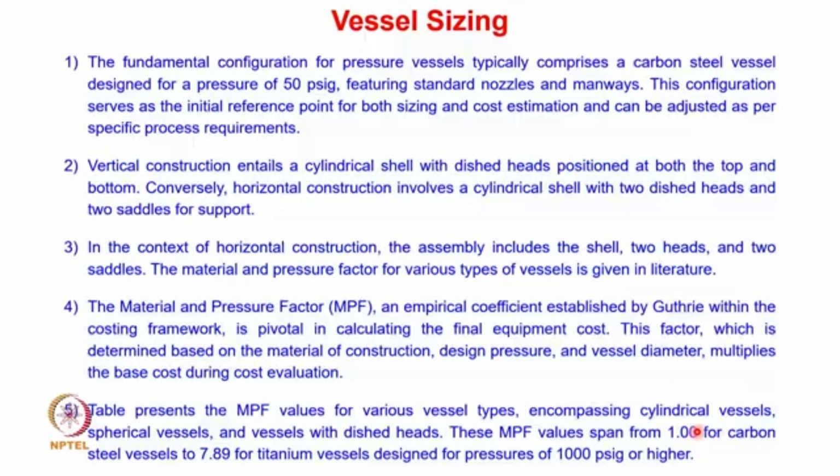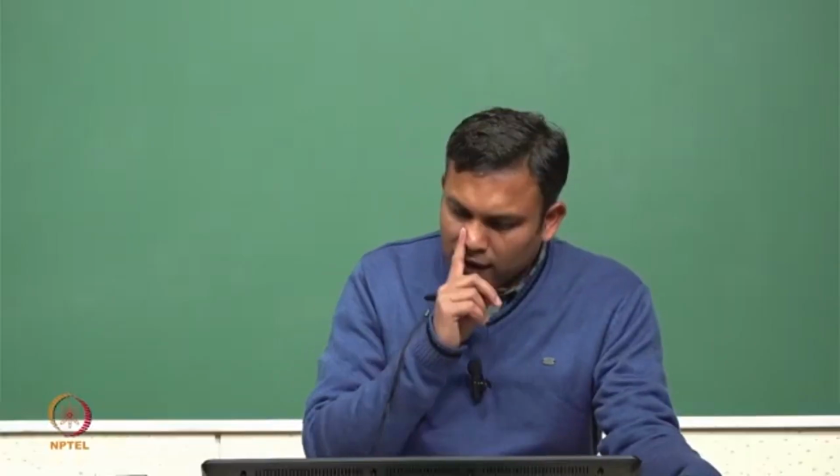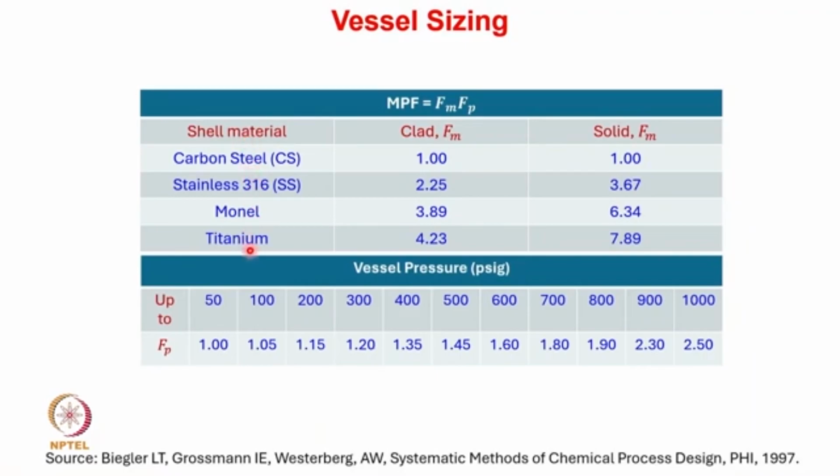So you can see that if we go from low pressure to high pressure, we move from carbon steel to titanium, and in that case the material and pressure factor is increasing from 1 to 7. If I am using carbon steel only as a cladding material, the increase is lower compared to when I am using the entire solid material.